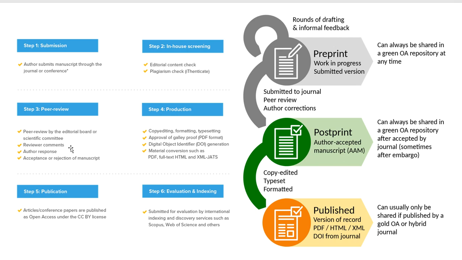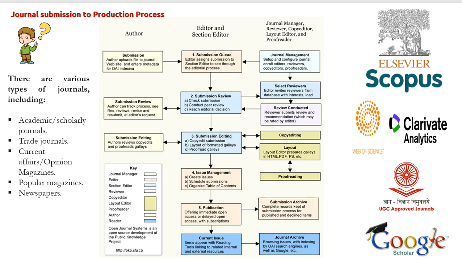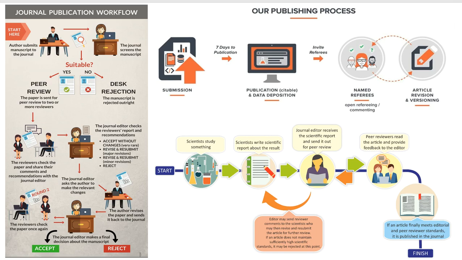The reviewers give comments, and the author also gives a response based on the review report. Finally, acceptance or rejection based on their factors. This is the mechanism. I will explain all those things later, in journal articles.